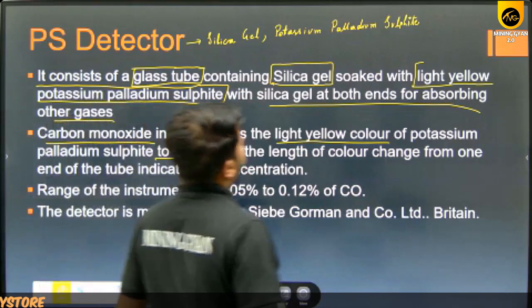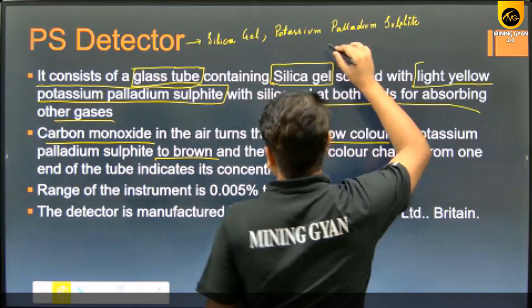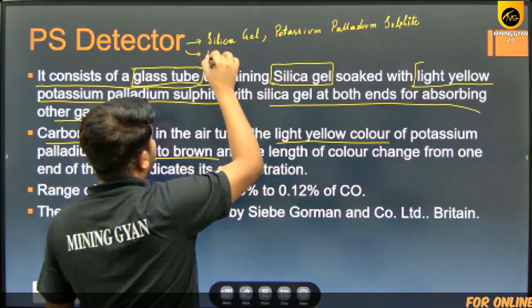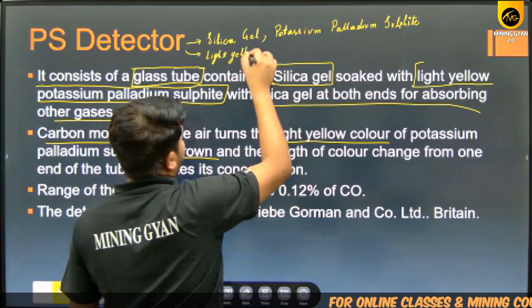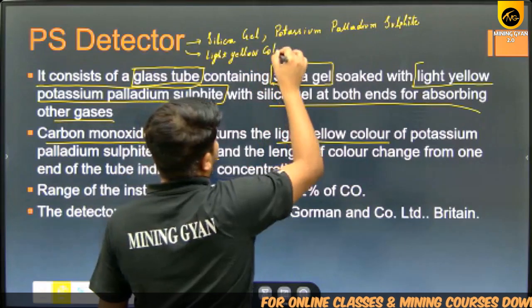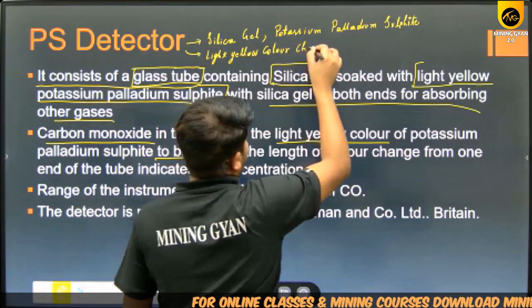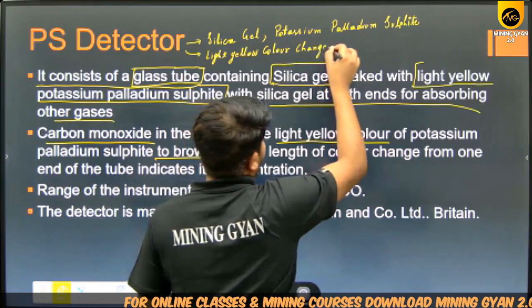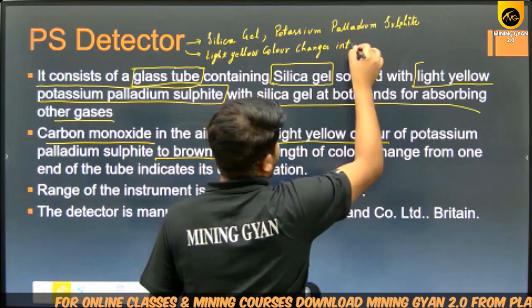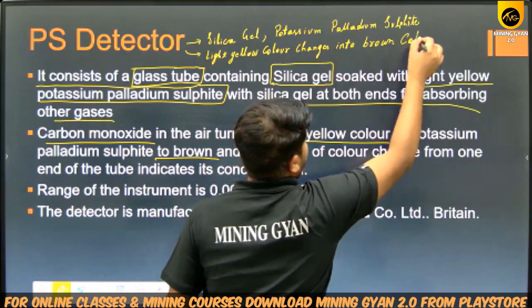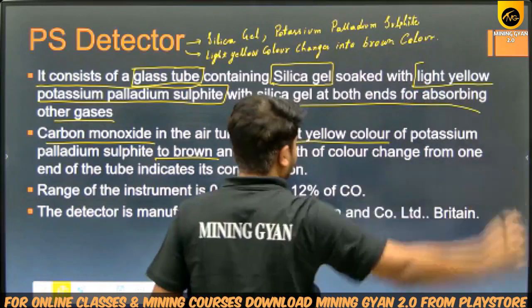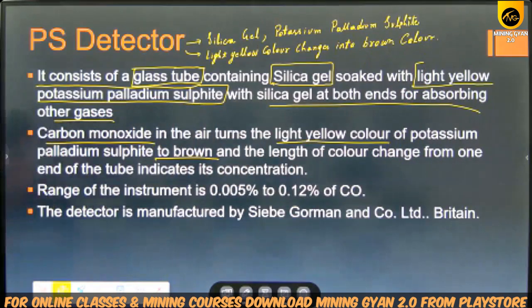Okay, so you can write over here: light yellow color changes into brown color. Clear? You have to write these two lines.